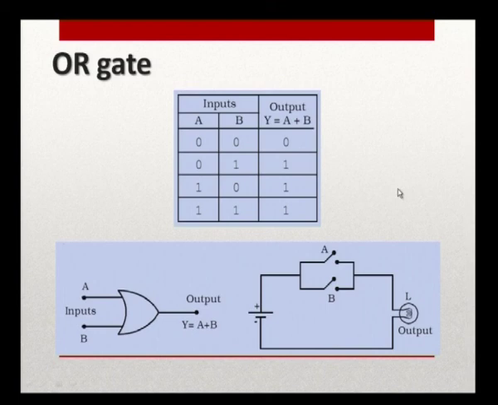So the OR operation is easily understood using 2 switches connected in parallel. If any one switch is closed, it is sufficient to get an output. If both are closed also, we get an output because the current is allowed to flow through the lamp. This is the OR operation.